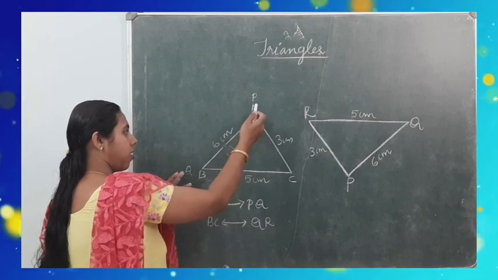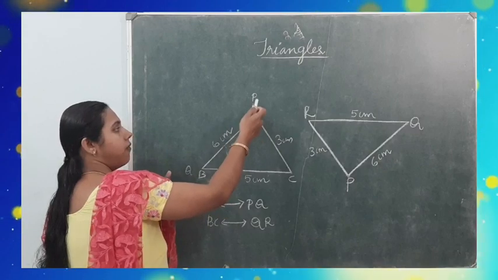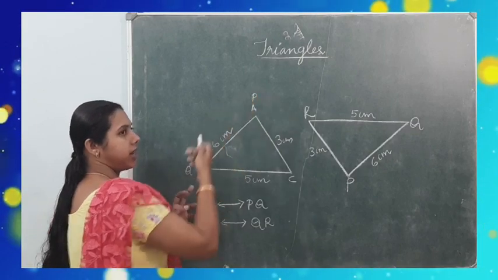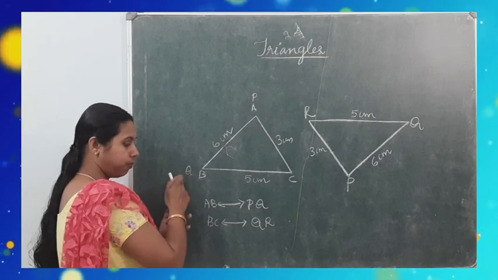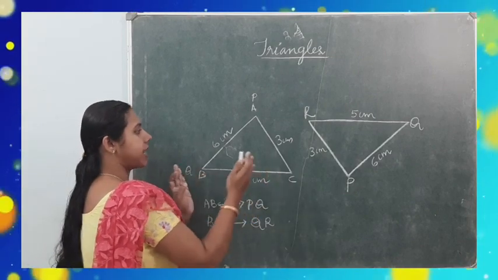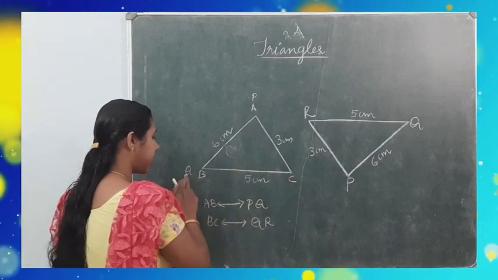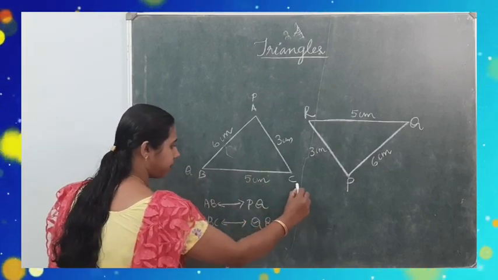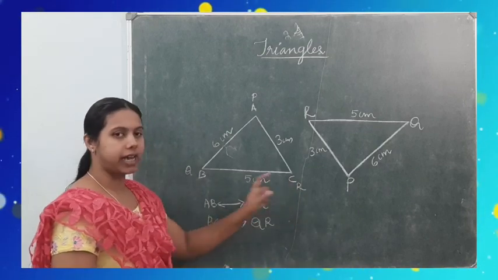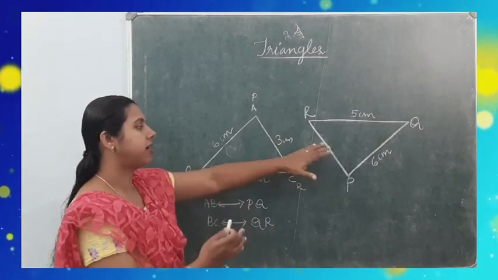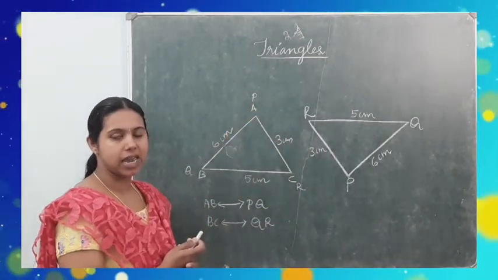Because here A is on the top of AB, P will come. So vertex A coincides with vertex P, vertex B coincides with vertex Q. So BC coincides with QR, not RQ. So vertex C will coincide with vertex R. So the triangle will turn once and stand on top of triangle ABC.